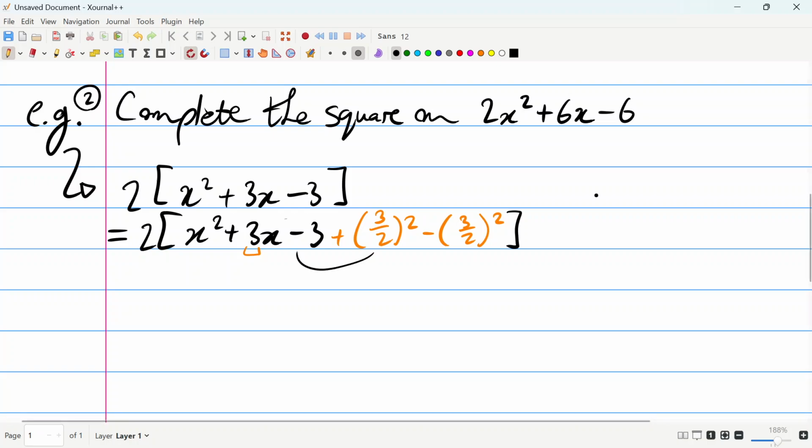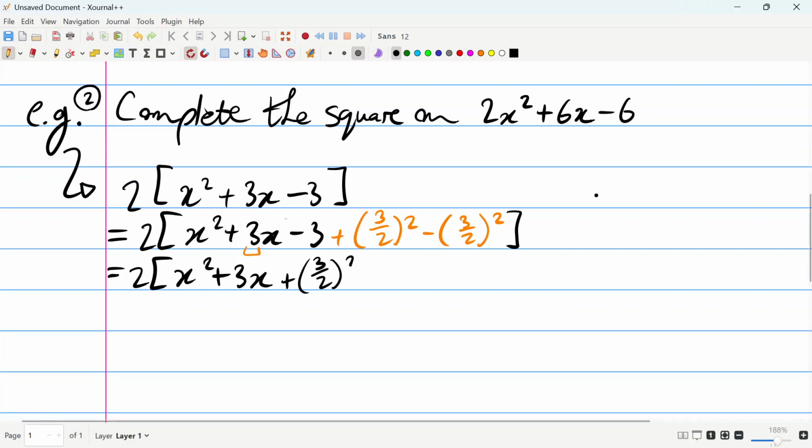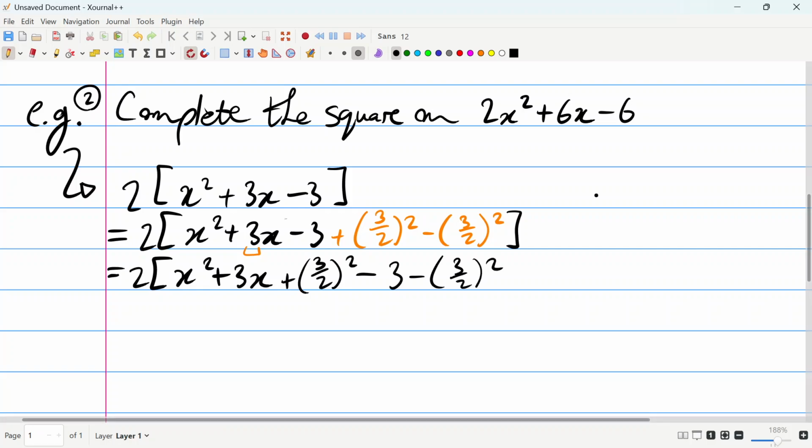Now we're just going to shift the positive one around with the negative 3. Okay, so then what we have is 2 multiplied by x squared plus 3x, and then it's going to be plus 3 over 2 squared. Okay, and this is going to be minus 3 minus 3 over 2 squared.